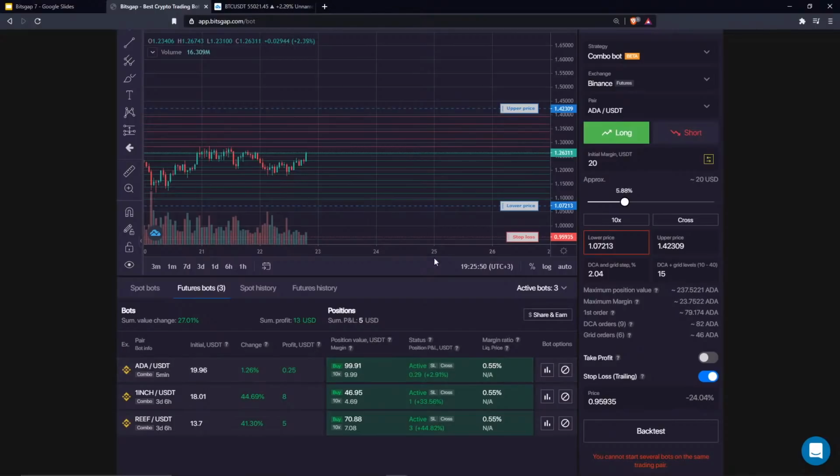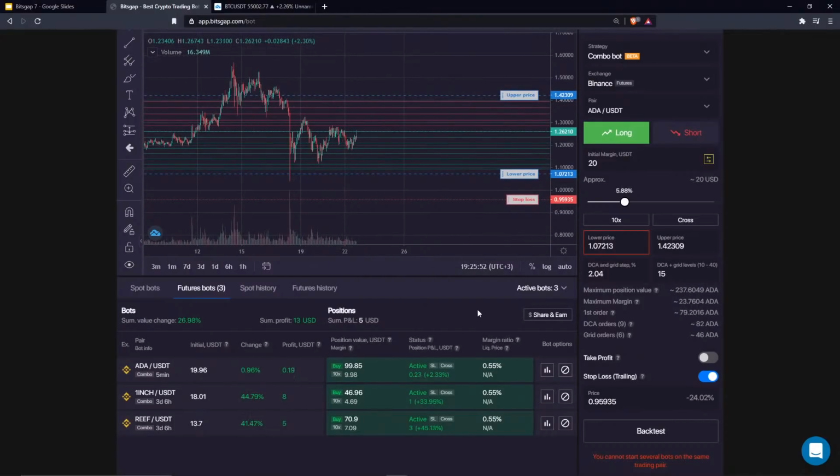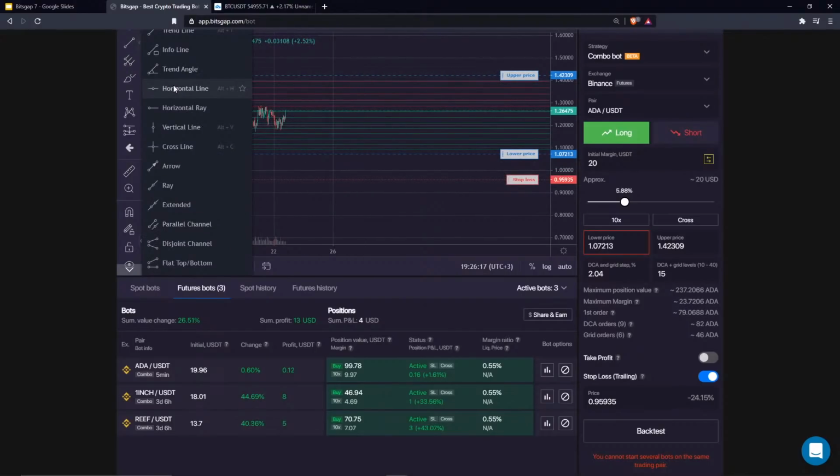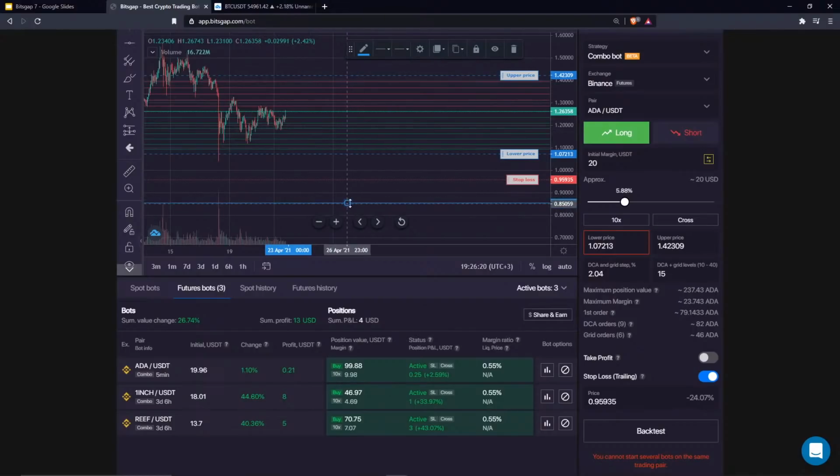So you know that in futures trading, liquidation price stands for the price level at which the exchange will automatically close your position because your margin is not sufficient to cover the loss. Let's say here is my long bot currently trading, and let's assume that my liquidation price, based on the margin that I used as collateral to trade this position with borrowed funds, because I use leverage, is here.